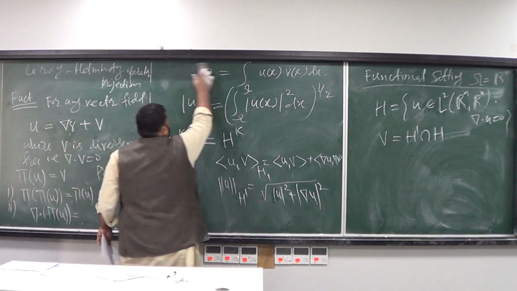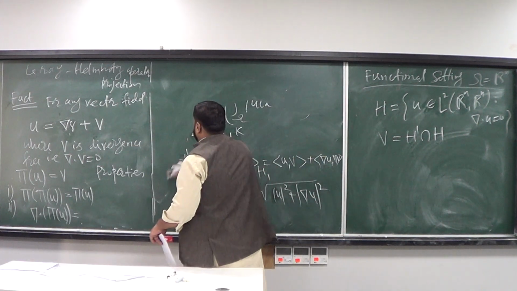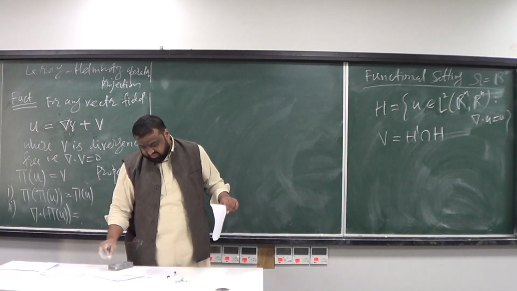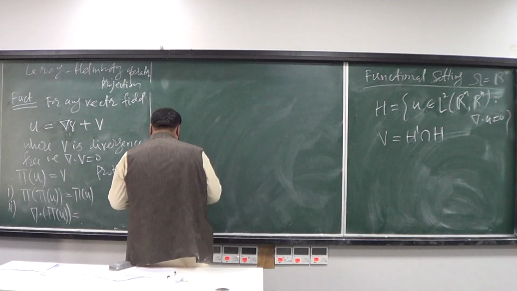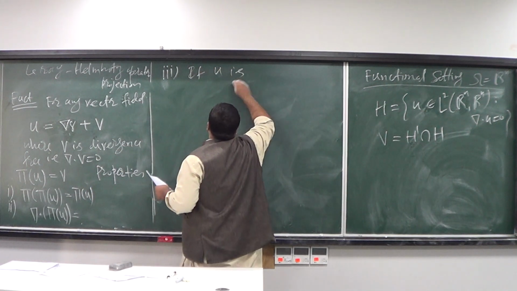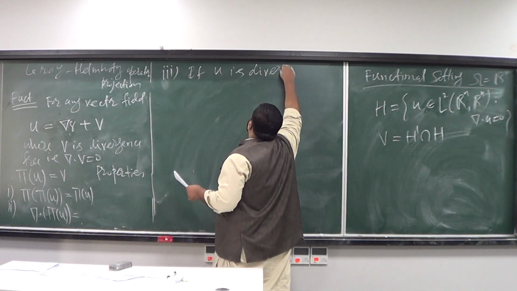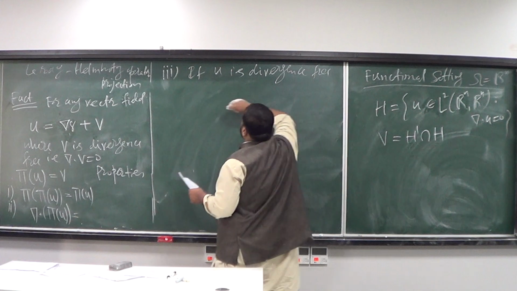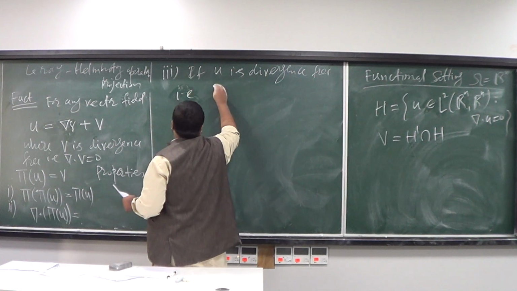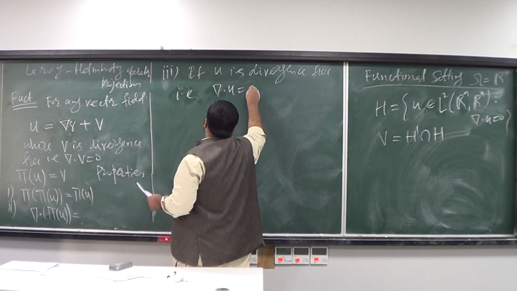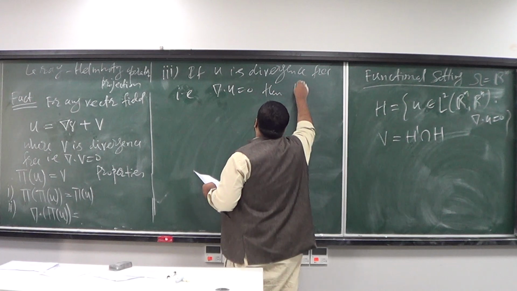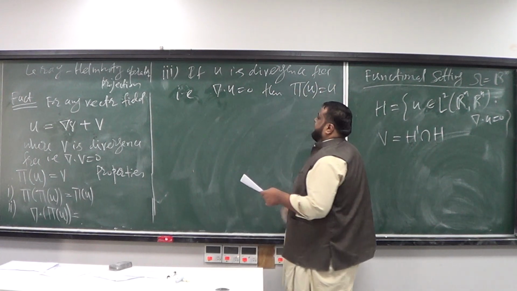And another important property of the projection operator is that if U is divergence free, that is, U is already a vector field for which the divergence of U is 0, then U will be projected onto itself.